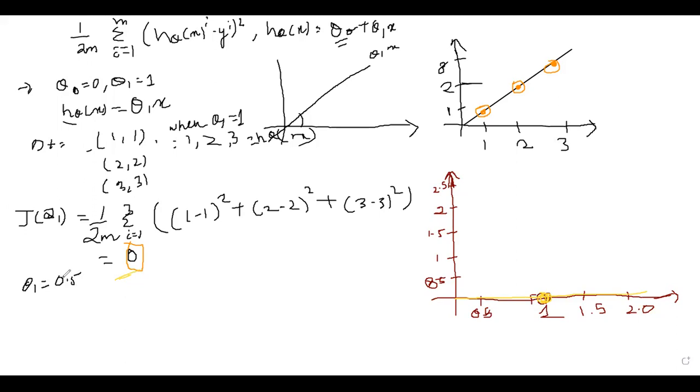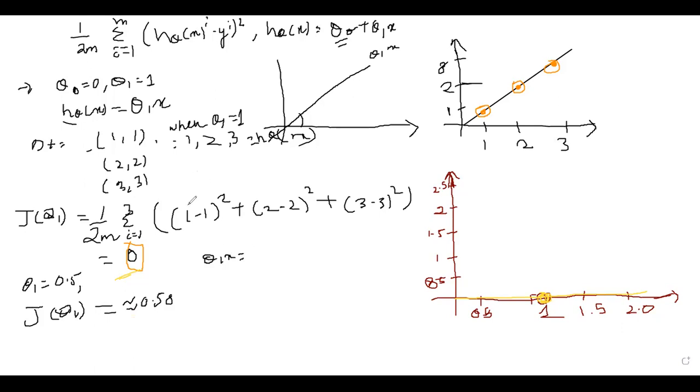When my theta 1 value is 0.5, if I calculate my cost function, it will be approximately 0.58. If my theta 1 is 0.5, what will be my theta 1 into x?